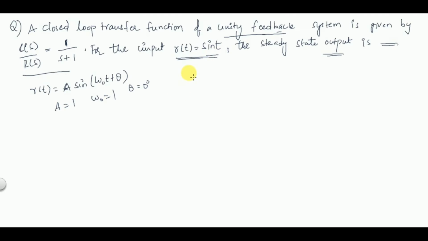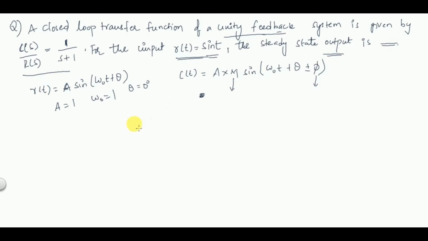Then c of t, the output, is given by A into M sine of omega naught t plus theta plus or minus phi. A is 1 and theta is also 0, so first we have to find M and phi.